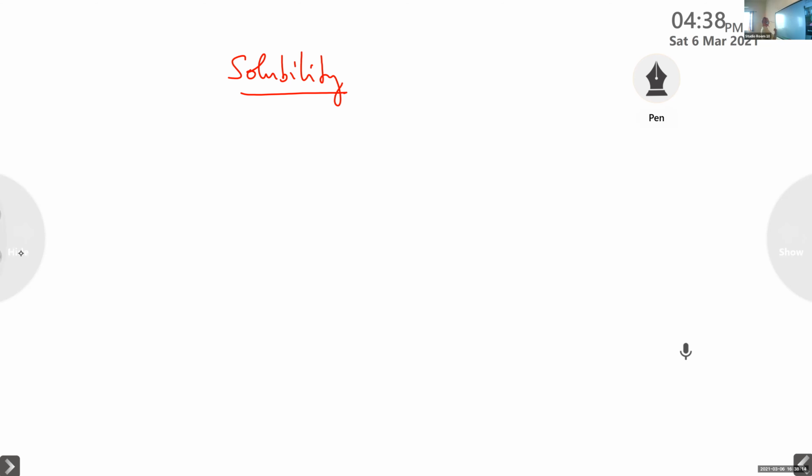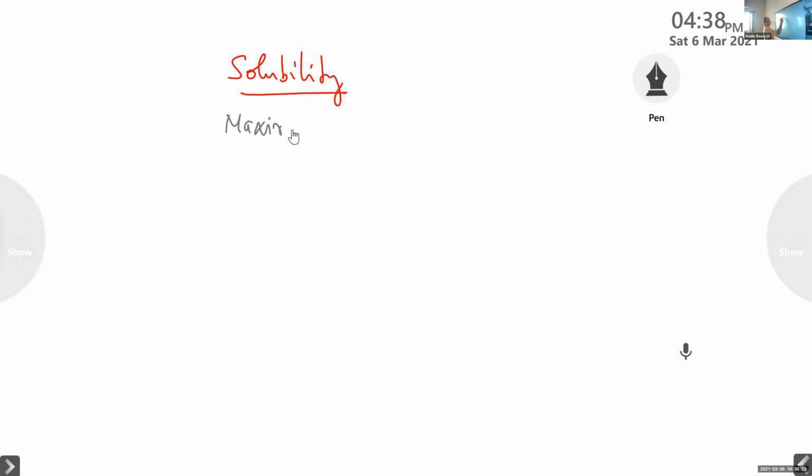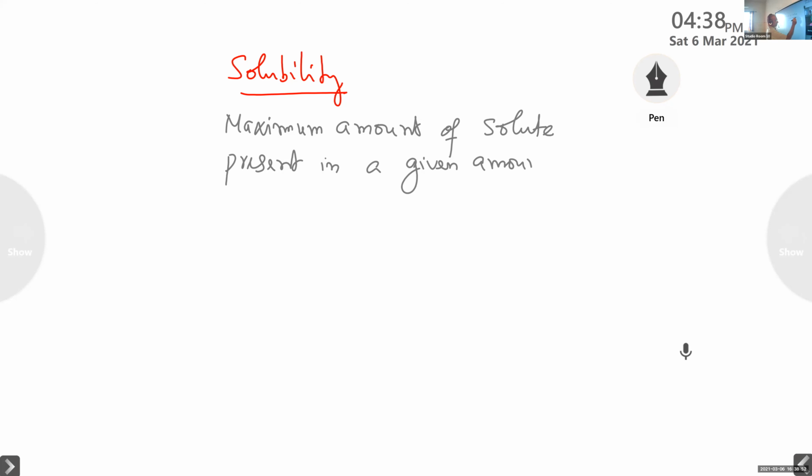So solubility is the maximum amount of the component, or if it is a solution, the maximum amount of solute present in a given, specified amount of solvent.